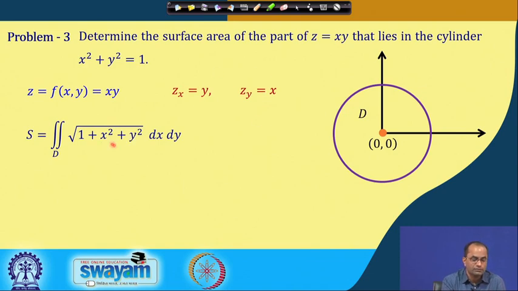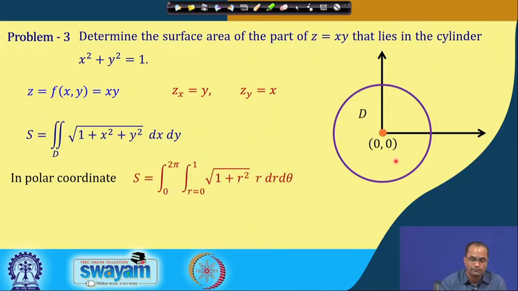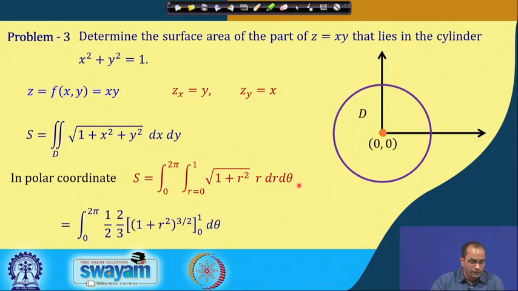So, 1 plus x square plus y square, with dx dy, and in polar coordinates, if we change this, we will get for the circle theta from 0 to 2 pi, r moves from 0 to 1, from this point to the exit point on the circle, and we have the square root of 1 plus r square, and then r dr d theta.